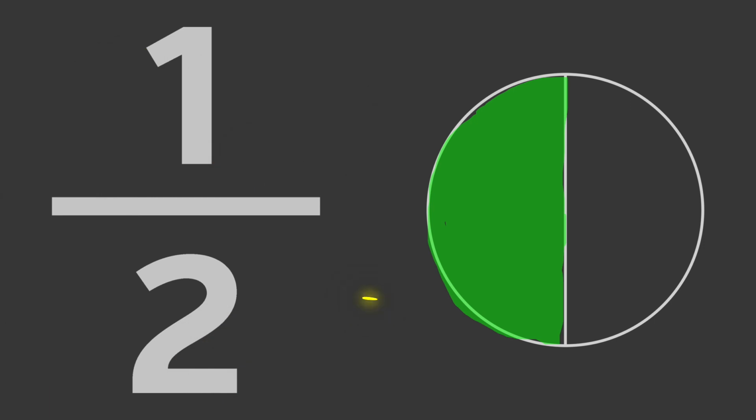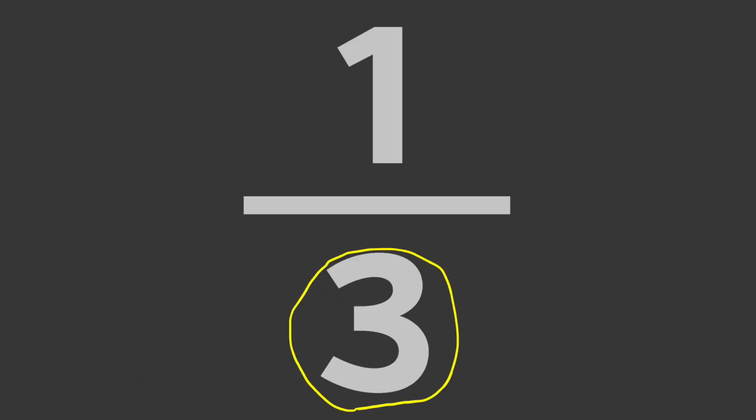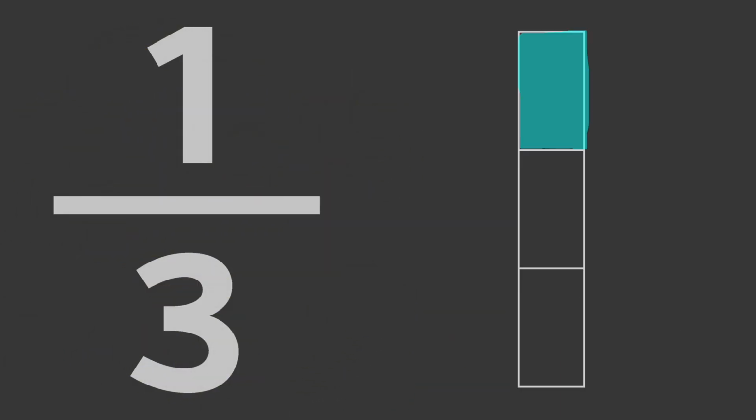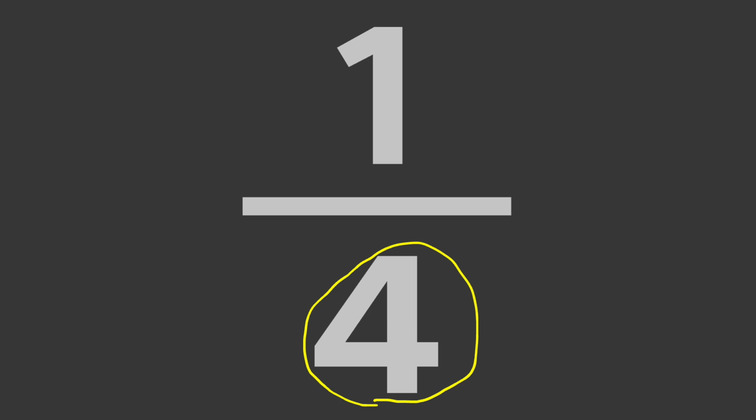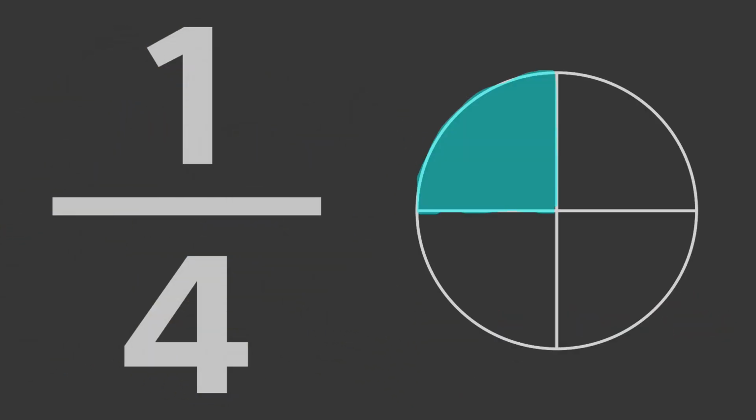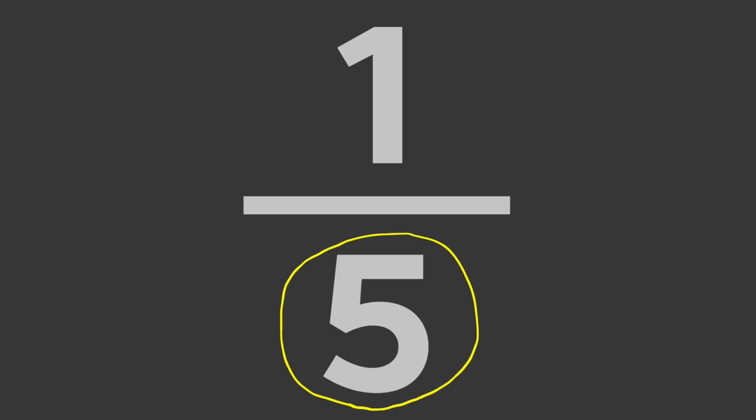This is 1/2. When we have a 3 as the denominator, we have thirds. This is 1/3. When we have a 4 as the denominator, we have fourths. This is 1/4. A 5 as the denominator means fifths, and so on.